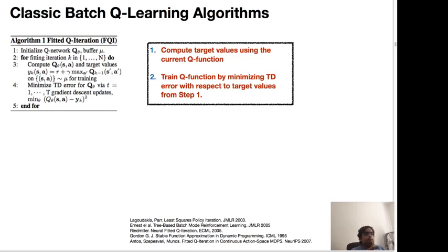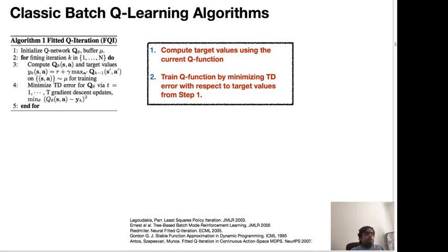So you basically apply the Bellman backup operator, which is equivalent to summing up the current reward with a discounted best guess of the optimal value from the next state onwards. You compute these target values, you store them, let's call them yk, and then you minimize the Bellman or TD error, where you train the Q function to match these target values.